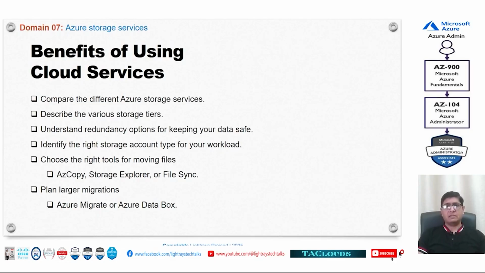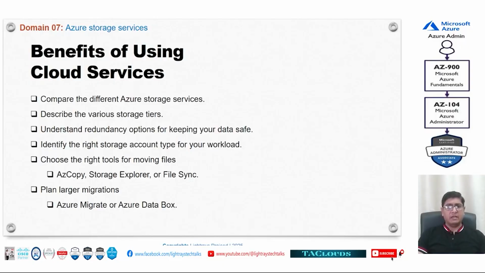Whenever we need fast retrieval of data, we will use one tier. Whenever we don't need data frequently, we will use a different tier. And whenever we don't need the data, we will archive or even delete the data. So these will be the different tiers of storage: cool tier, hot tier, archive tier, and these kinds of things.